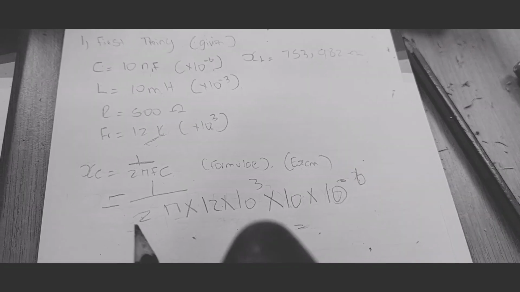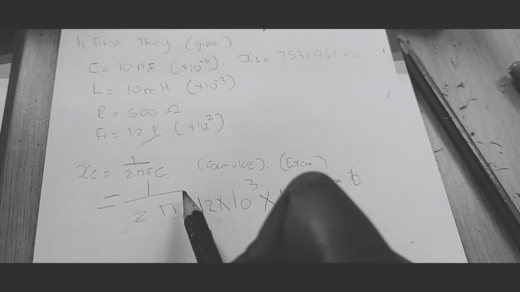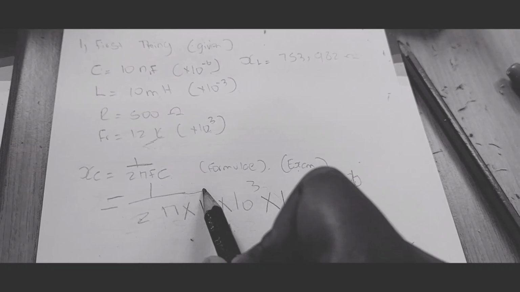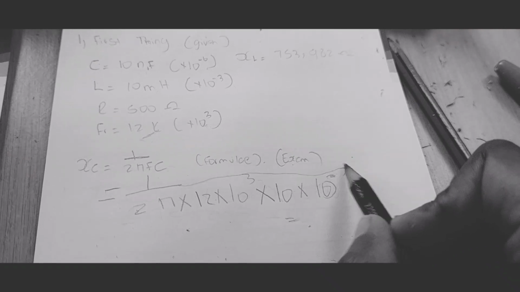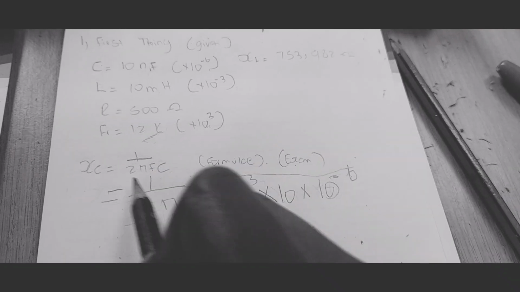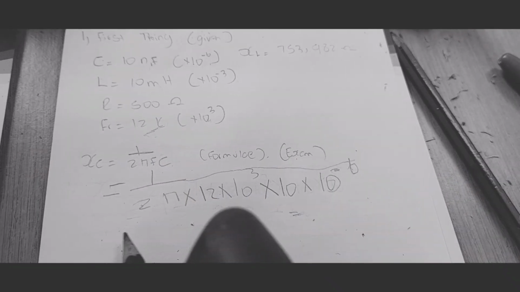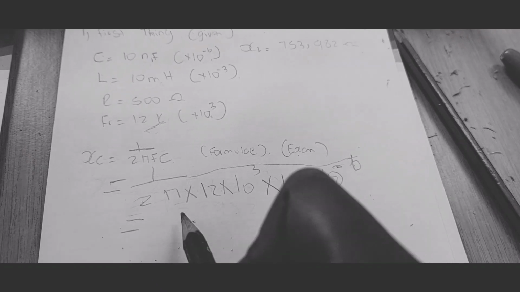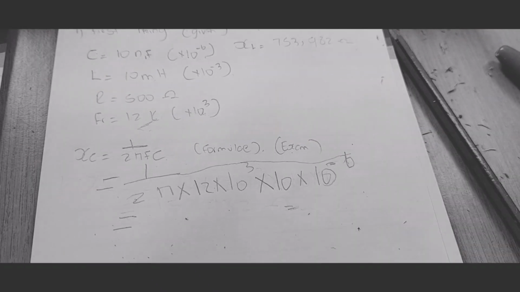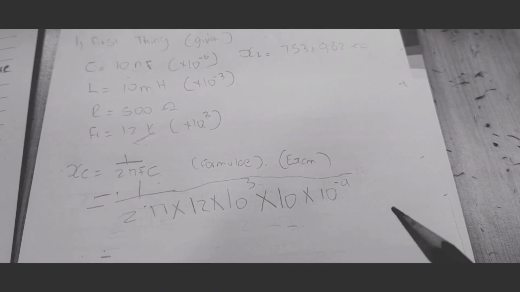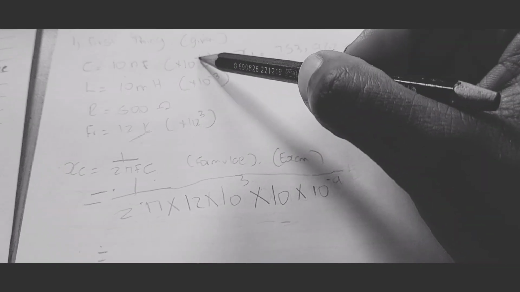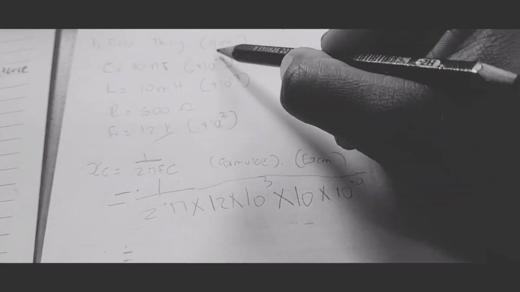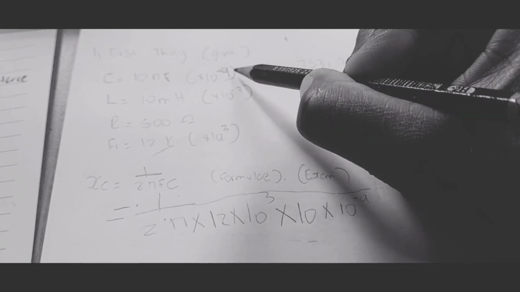Guys, remember 1 is on top, it's over everything. So what is the calculation? Oh, guys, sorry, I made a mistake. That n stands for 10 to the negative 9, not 6.